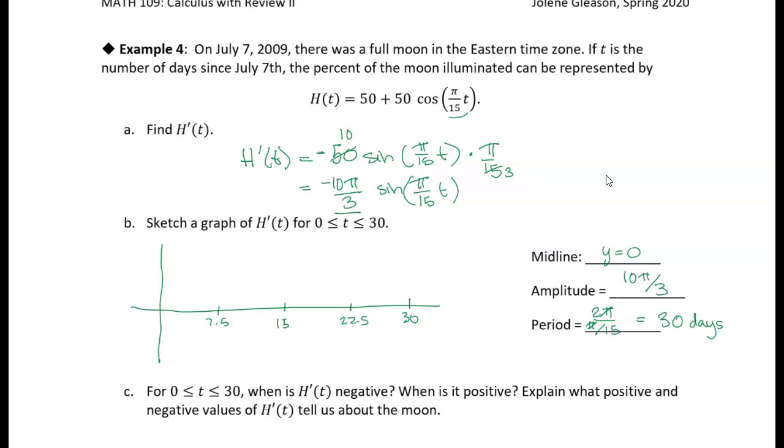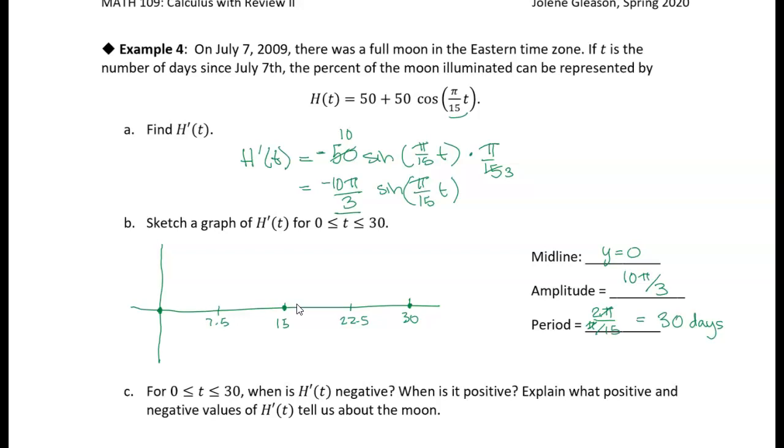Now, again, it's a negative sine, so be careful of that. But either way, the 0 points don't change. So it's going to cross the x-axis at 0, 15, and 30. Once we have those 0 points drawn, now it's a negative sine, so instead of going up and then back down, it's going to go down first.